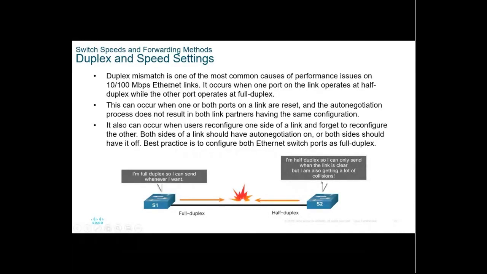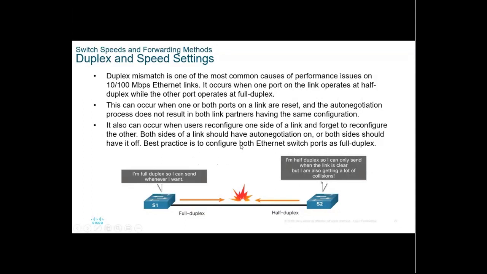Duplex mismatch is one of the most common causes of performance issues on 10/100 megabit per second Ethernet links. It occurs when one port on the link is at half duplex and the other one is operating in full duplex. It has to be both the same. Okay, it's fairly obvious, because if one is only talking and the other is talking and listening, it doesn't work.